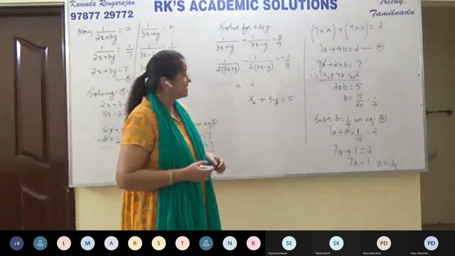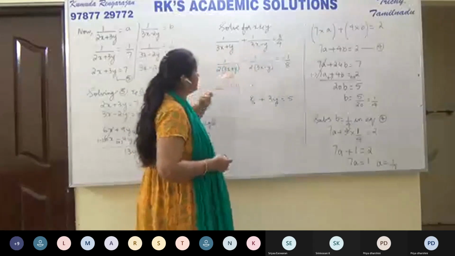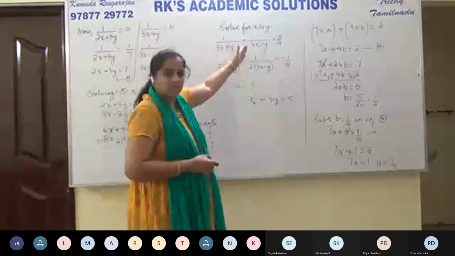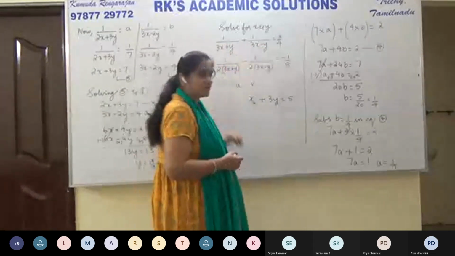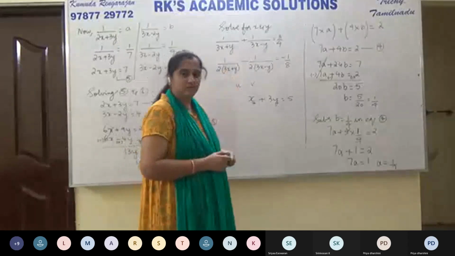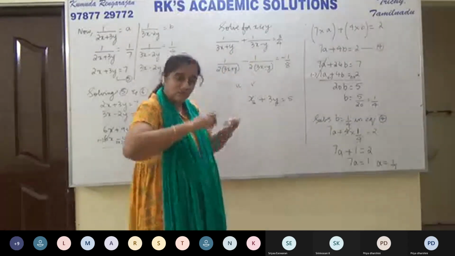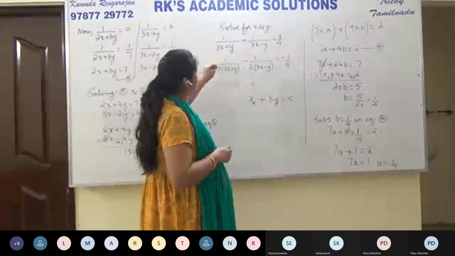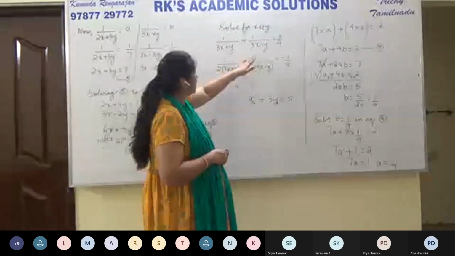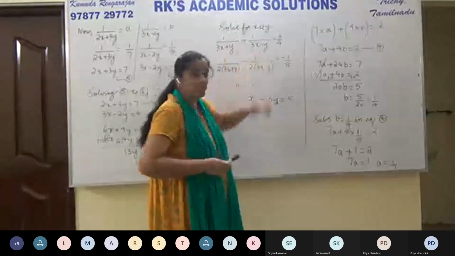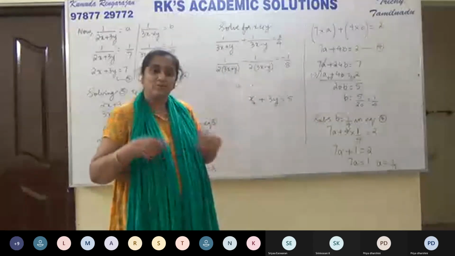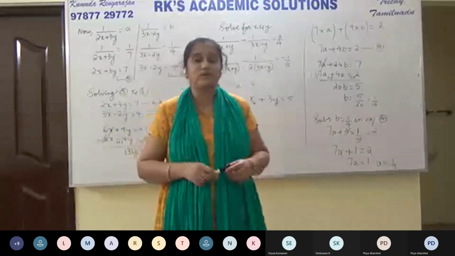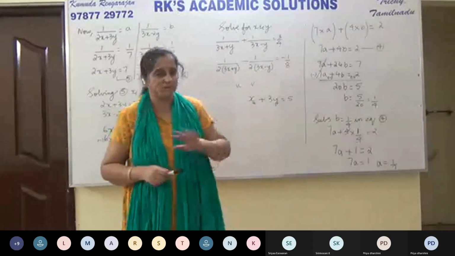See, just imagine taking the LCM because it's not simplified, no? You'll get 3x plus y into 3x minus y. Then when you multiply the denominators, you will get like 9x square minus 3xy plus 3xy minus y square. You will get x will become x square, y will become y square.